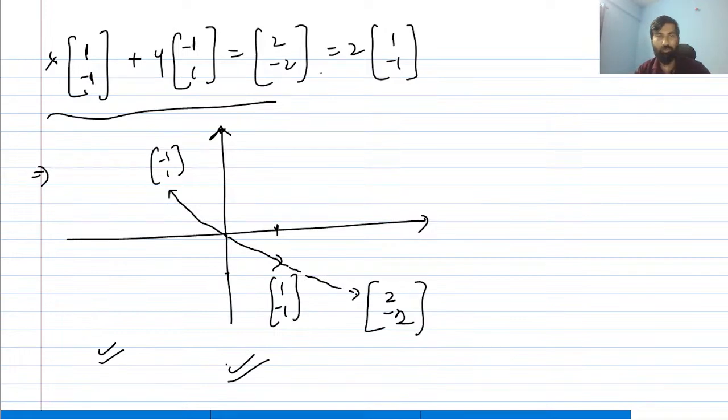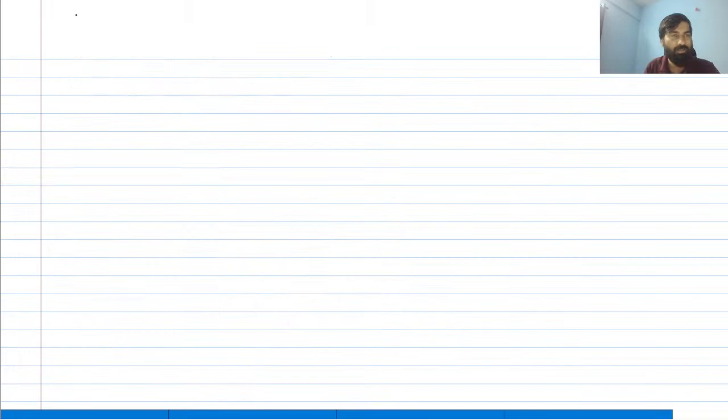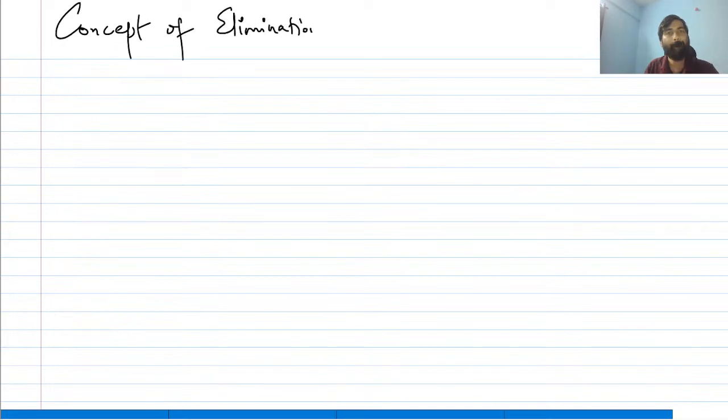Please confirm once, then we will go ahead and talk about the concept of elimination. Why elimination? We have seen elimination from the very beginning, everybody knows how we process elimination.